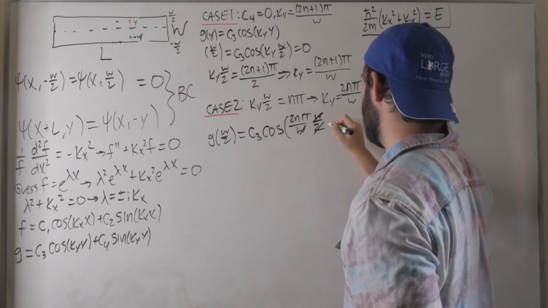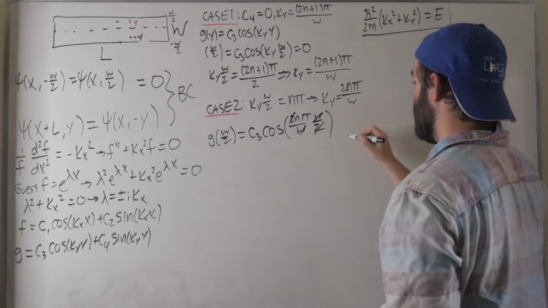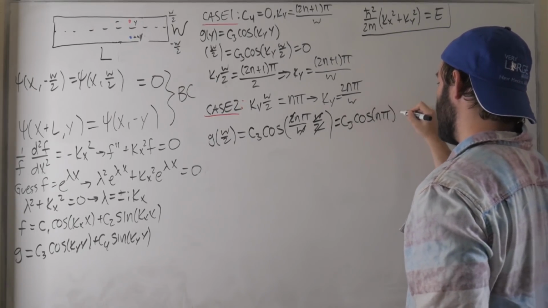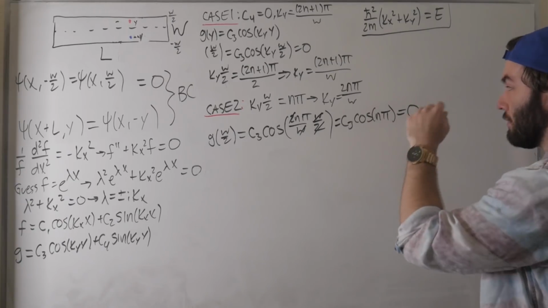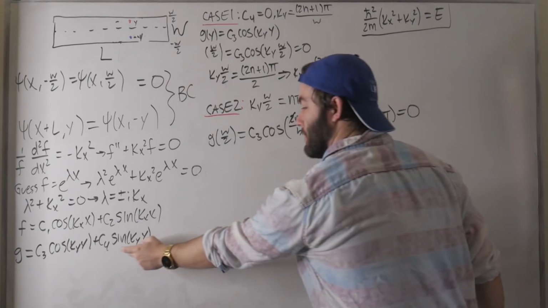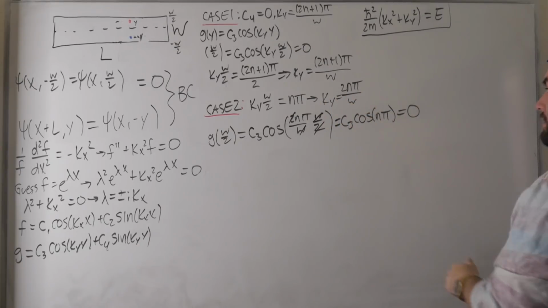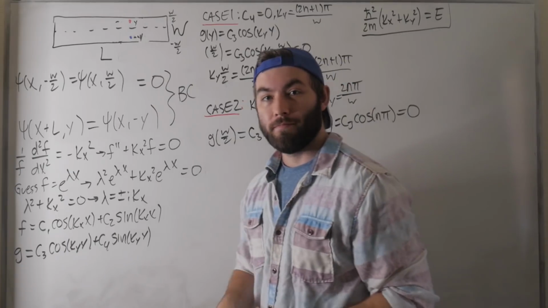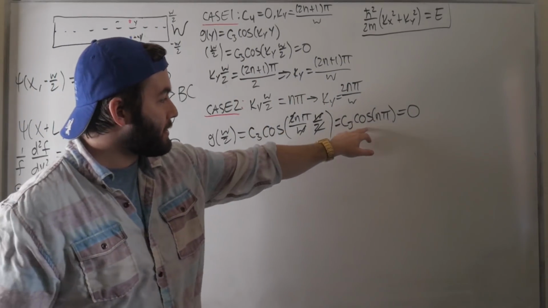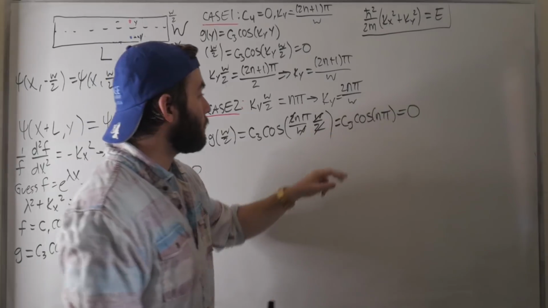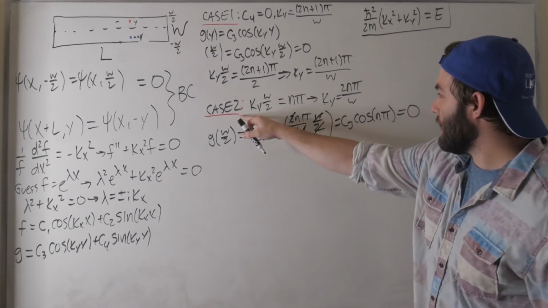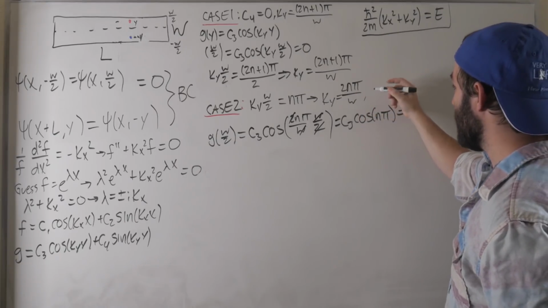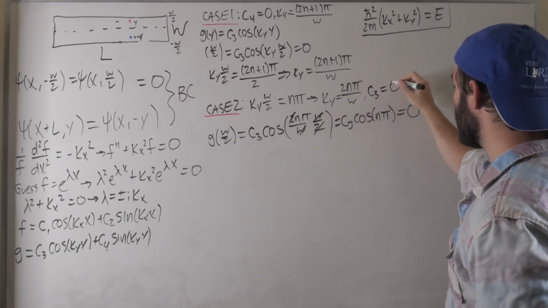So these cancel, and we get c3 cosine of n pi equal to 0, because it has to be equal to 0 at the boundaries, and the second term is automatically 0 because we chose ky such that it was. Cosine of n pi is either going to be a 1 or a minus 1, so the only way for this to be satisfied is if c3 is equal to 0. So for case 2, we get ky is equal to 2n pi over w, and c3 is equal to 0.